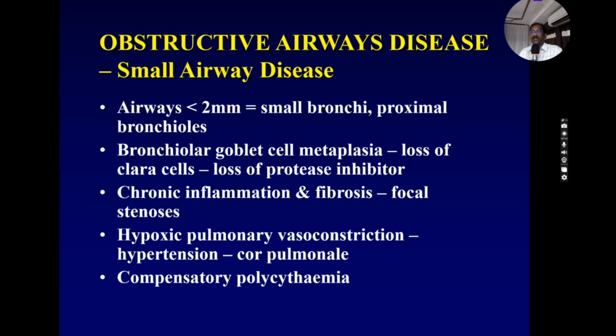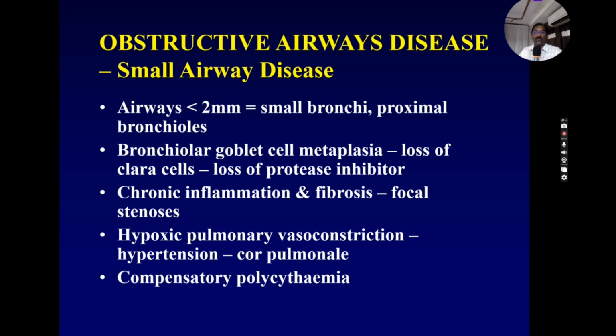See, small airway disease involves airways less than 2 millimeters, the small bronchi, mostly the proximal bronchioles. There is bronchiolar goblet cell metaplasia, a loss of Clara cells, and a loss of protease inhibitor. The ciliated cells will be there, but the cilia will be disturbed. So there won't be any protection in the small bronchi, so all the infections will go there, and there will be more and more mucus, plug formation and blocks.